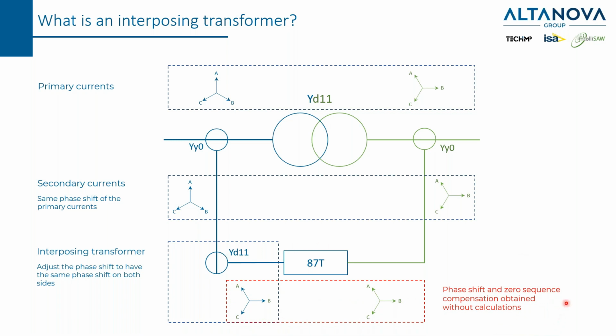Okay, so also the zero sequence compensation is obtained, because remember, in delta connections, the zero sequence simply does not exist.